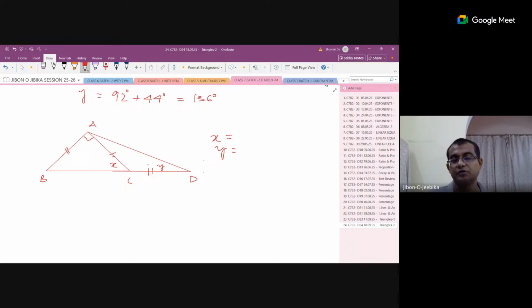So you have to have a look. If these two angles are equal, you have to identify which are the equal angles.